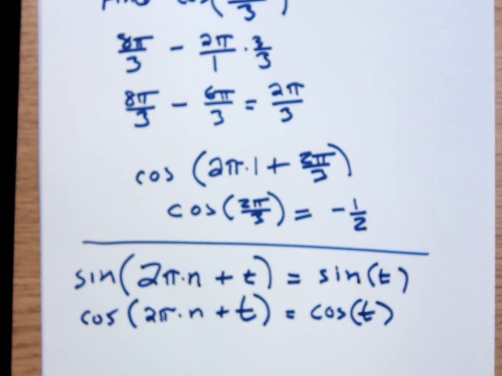If they went around 3 times, it would be 2 pi times 3, 6 pi. That just tells how many times they went around. And it doesn't matter how many times they went around, it still stops at the same place. And what do we call angles that stop at the same place? Coterminal. And the reason we study coterminal angles is because they have the same sines and cosines of the angles that are on our unit circle.